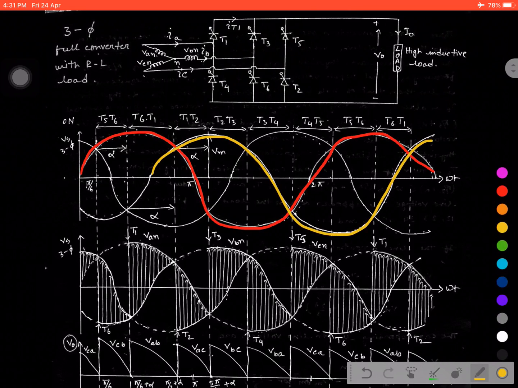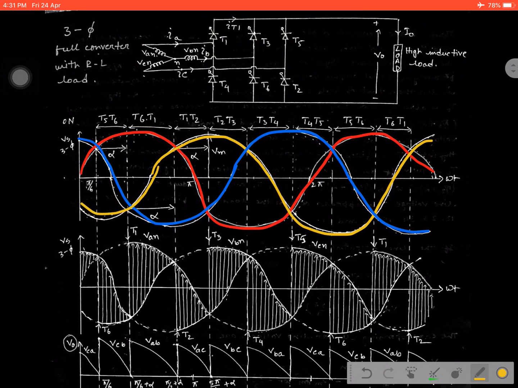And similarly, phase C will start again 120 degrees from the second phase. So this is the voltage waveform. To make the complete cycle, it will be continued in this way, as well as phase B will be completed in this way.